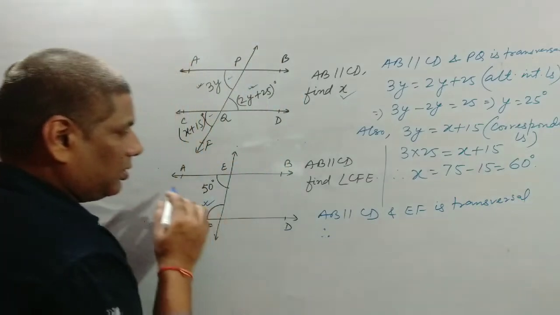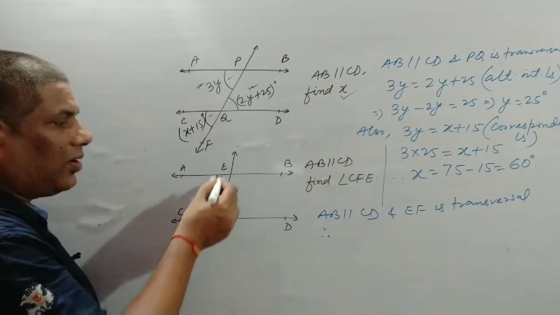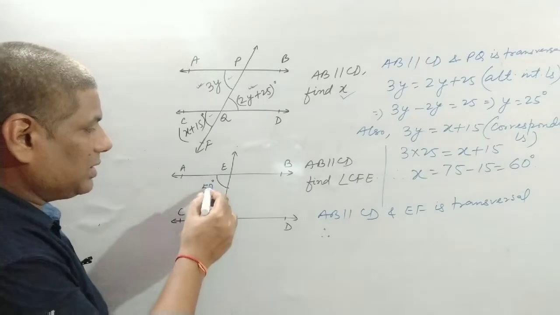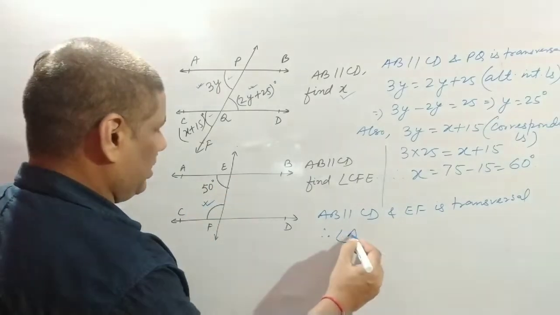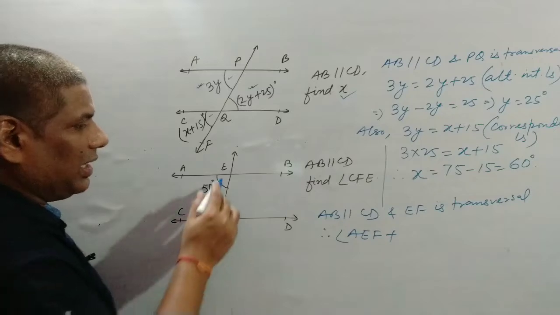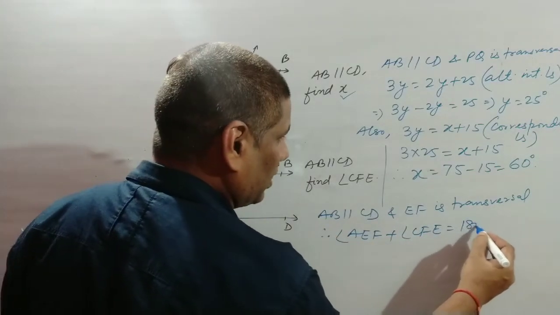therefore on the same side of the transversal and interior of the parallel lines are called co-interior angles. So this angle AEF plus angle CFE equals 180 degree.